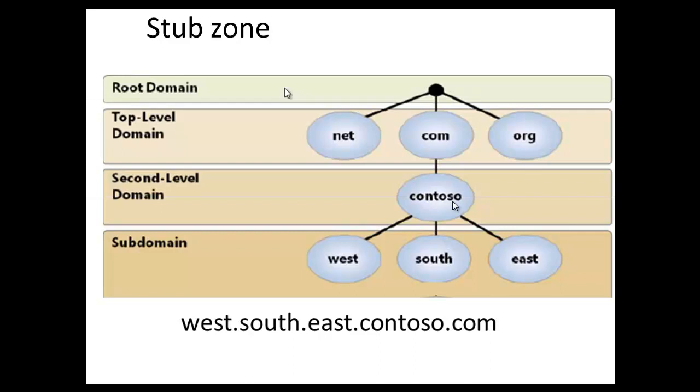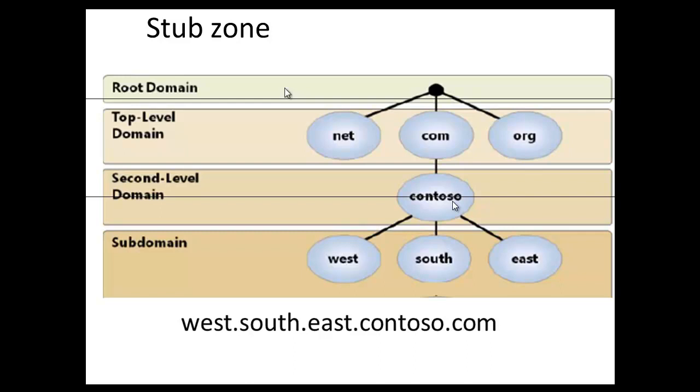So when someone in the Adatum domain needs a record resolved within the Contoso domain, that query is going to go to the stub zone, and the stub zone will say, yes, I know where this record is. I know where it exists. And it will give the authoritative DNS name or server for that particular record.